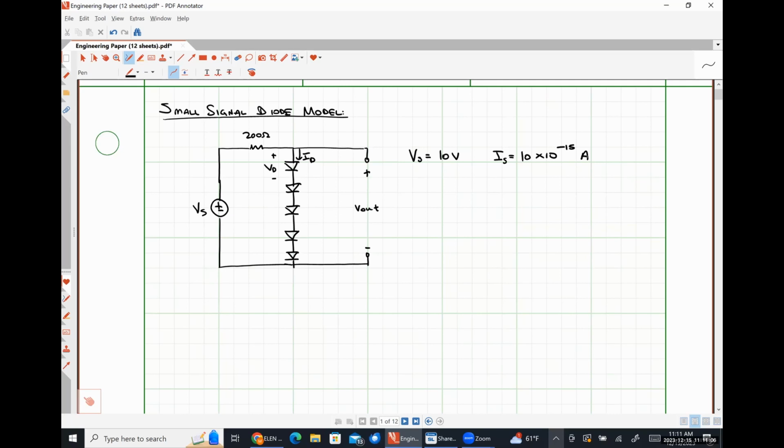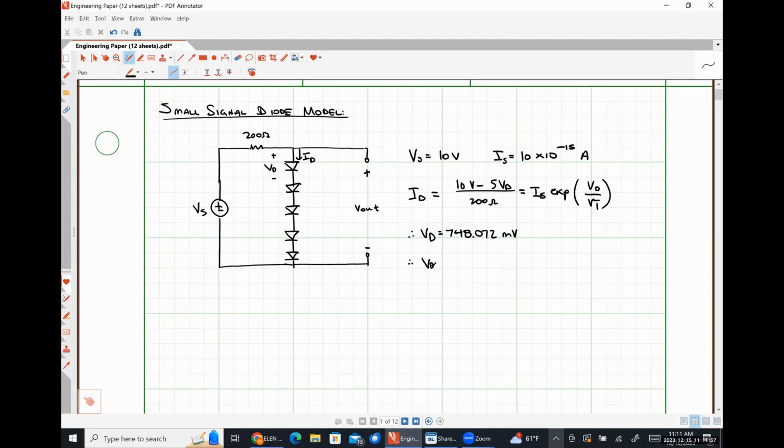We should be able to see pretty easily that our diode current is going to be 10 volts minus 5 VD divided by 200 ohms, and this will be equal to IS times the exponential of VD over VT, which we can solve using our numerical solver on our calculator to find that VD comes out to be 748.072 millivolts.